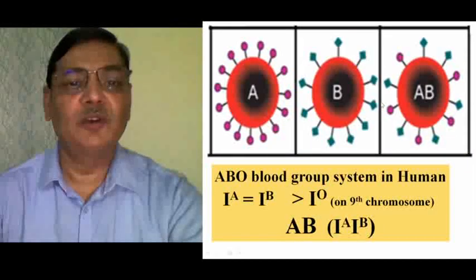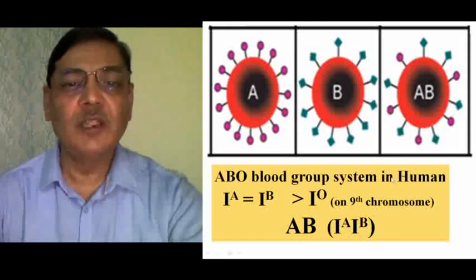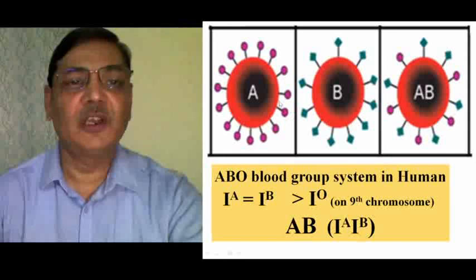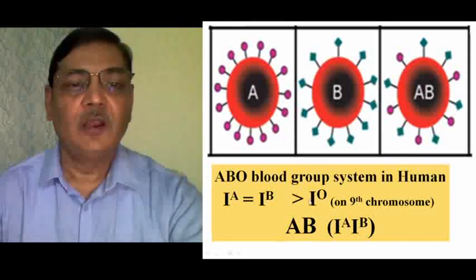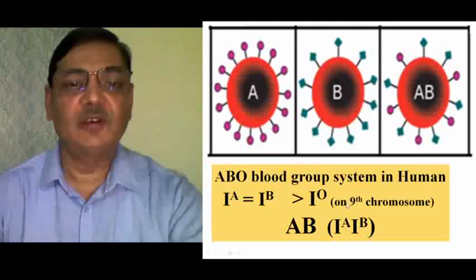Another example could be the ABO blood group system, with which we are aware very well. This ABO blood group system is decided in our population by the presence of three alleles, IA, IB and IO. I stands for isoagglutinogen. This is also a kind of antigen present on the surface of RBC. And the ABO blood group deciding gene is located on the 9th chromosome.